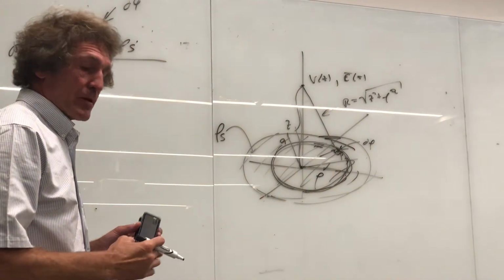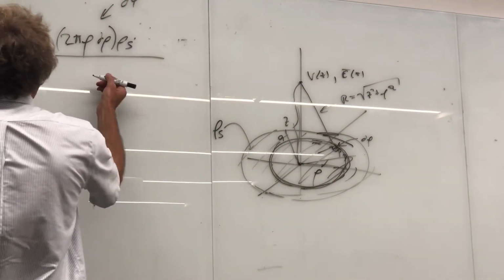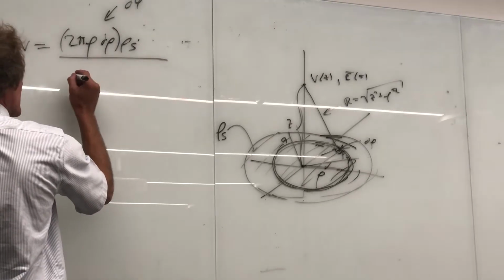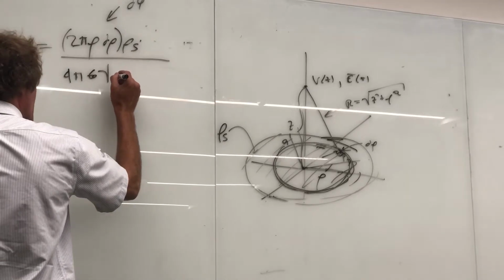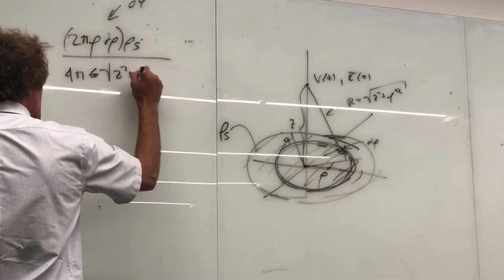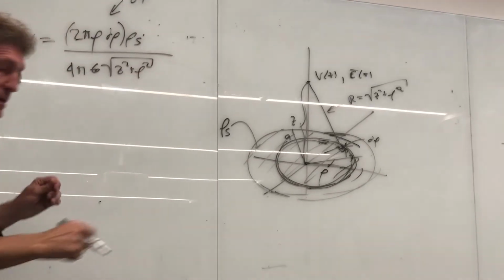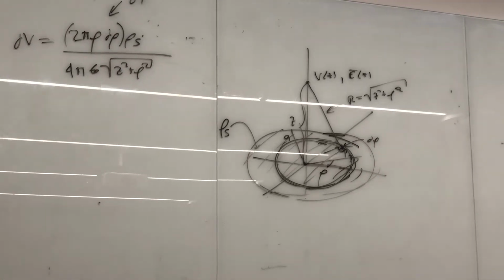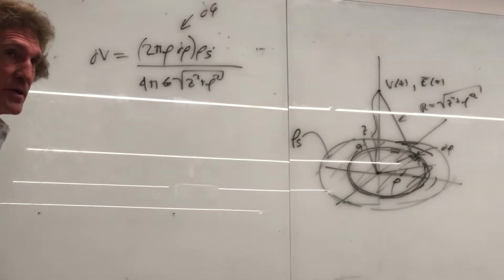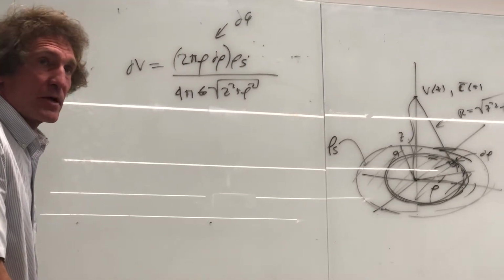Right. So now I put that down. So it's going to be this divided by 4 pi epsilon naught times the square root of z squared plus rho squared. Just write that down. Do you all agree that that's the differential voltage from a differentially thick piece of that ring? Agree, class?